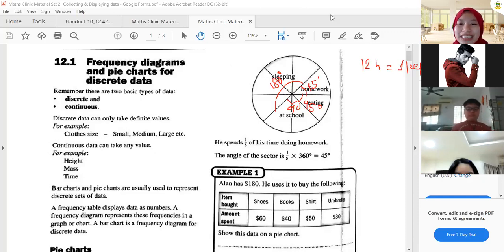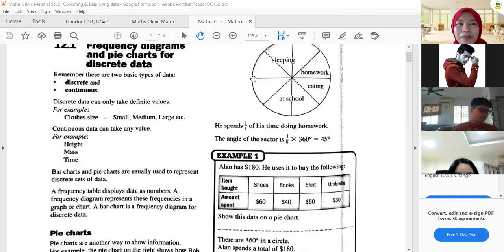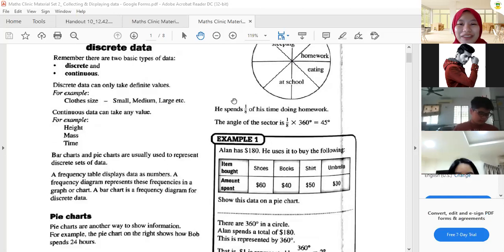180 is half of the circle. You know why? Because one circle is 360 degrees. Remember you learned in Year 7, angles around a point are 360 degrees. Angles on a straight line are only 180 degrees. So it's very important for you to keep remembering what you learned in Year 7.